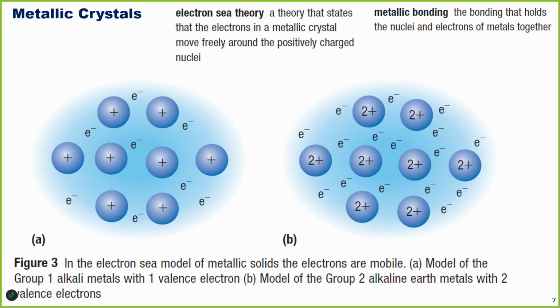The melting points of metallic crystals also vary widely. Some metals, such as mercury, melt below room temperature, whereas others, such as tungsten, melt at temperatures higher than 3000 degrees Celsius.